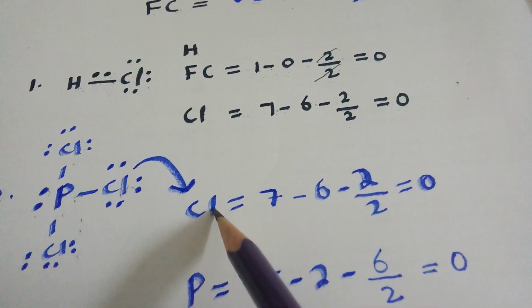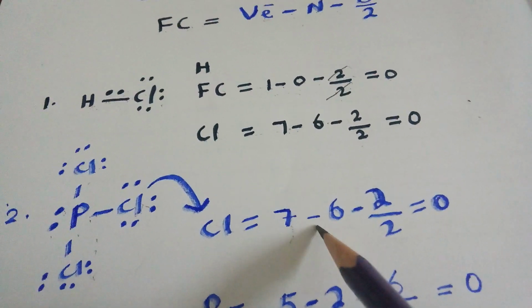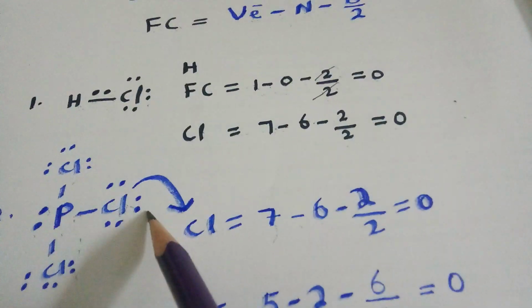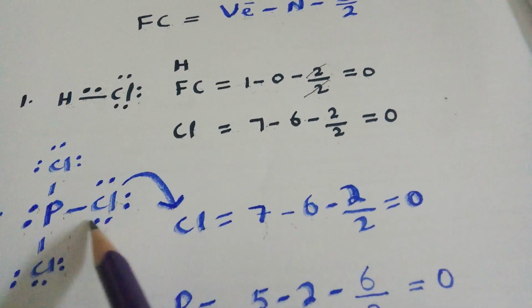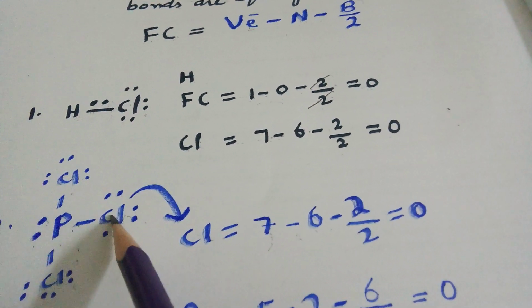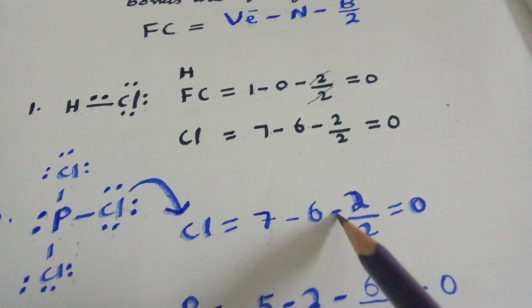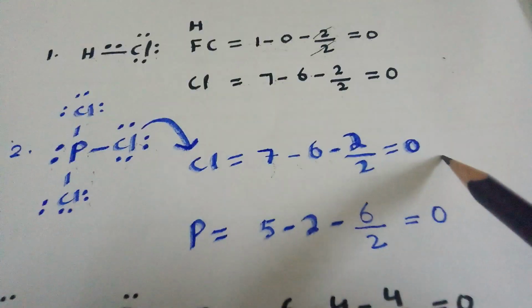The valence electron for chlorine is 7, minus 6 non-bonding electrons. You can see here there are a total of 6 electrons. Minus, since chlorine has formed a bond with the phosphorus, this bond contains 2 electrons, so minus 2 divided by 2. So the answer will be 0.